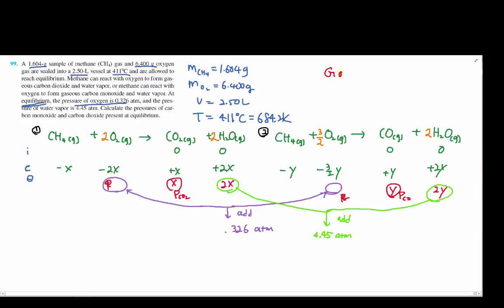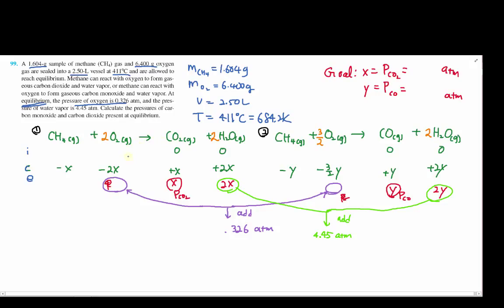So to restate our goal: y is the partial pressure at equilibrium for carbon monoxide, and x is the partial pressure of carbon dioxide. They want us to write this in atm, and it's good to have atm because we want to use the ideal gas law.